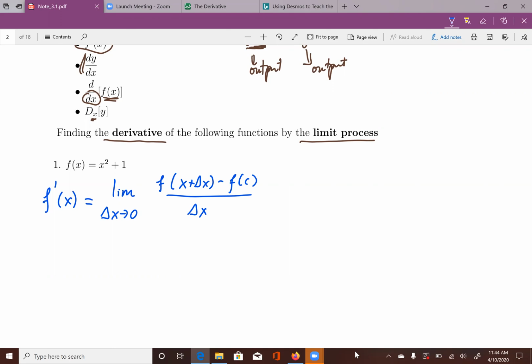And in this case, I always have my limit as delta x goes to 0, which indicates that I'm doing a limit process problem. And then I'm going to plug x plus delta x into my function f of x. So x plus delta x is the input. So you just need to replace x with x plus delta x, okay? You square it because it's x squared plus 1, minus f of x.